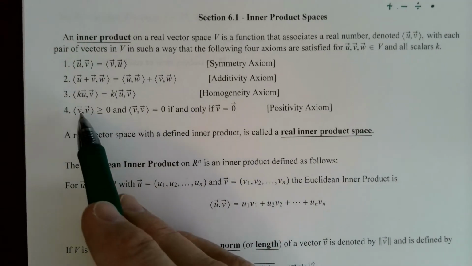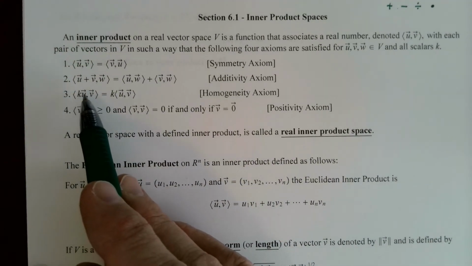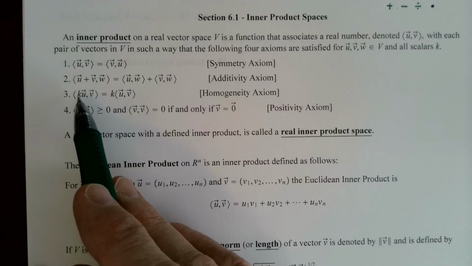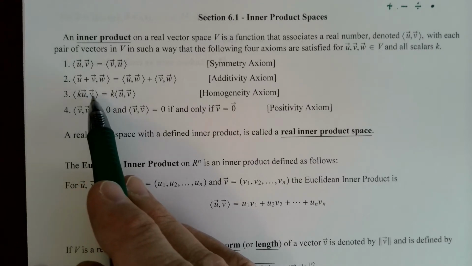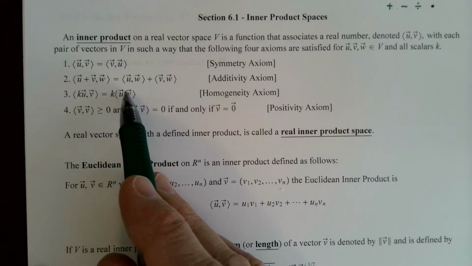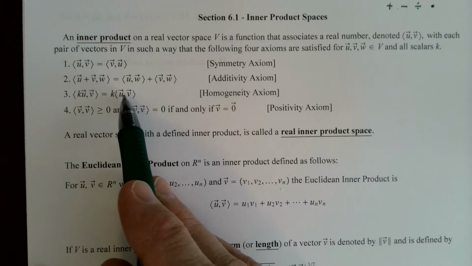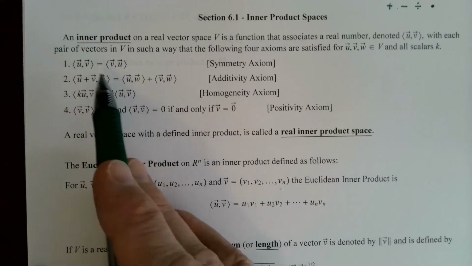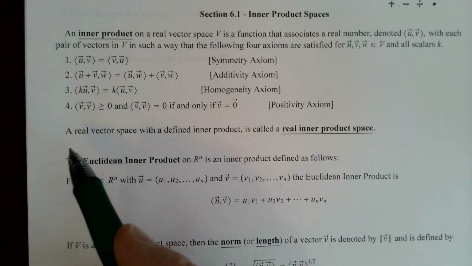Then the next one says if I take a scalar multiple of a vector, which again the scalar multiplication defined for that vector space, the inner product of ku and v, we can bring that scalar out. So it's the scalar times the inner product of u and v. Remember, the inner product again is a real number. So on both sides of these equal signs all the way up, we have real numbers.